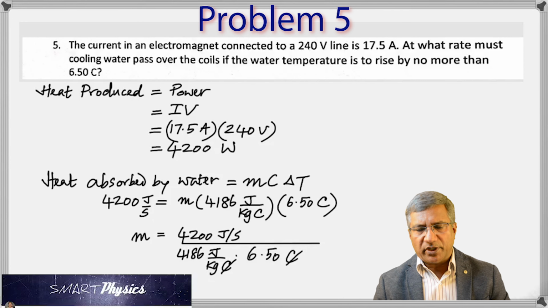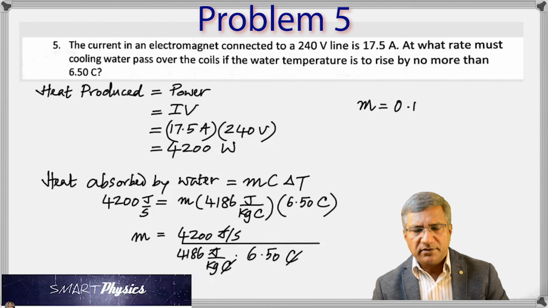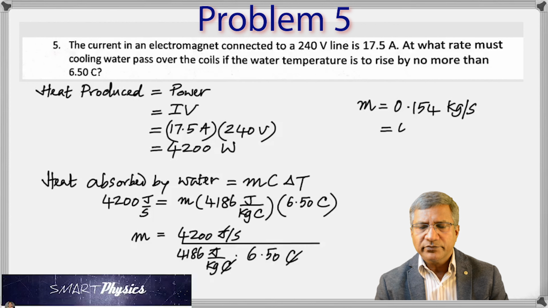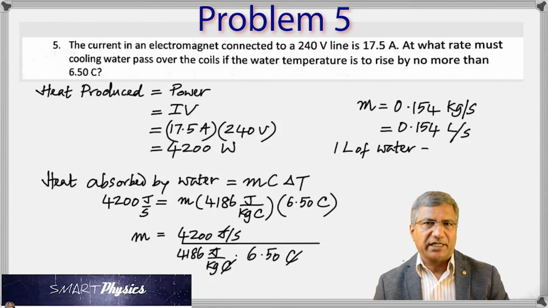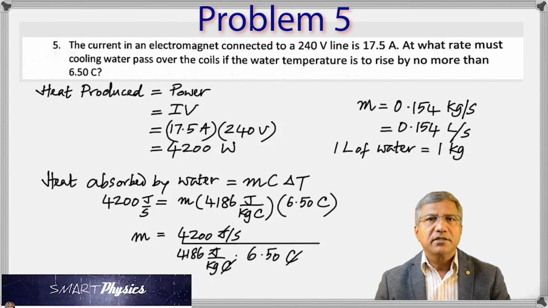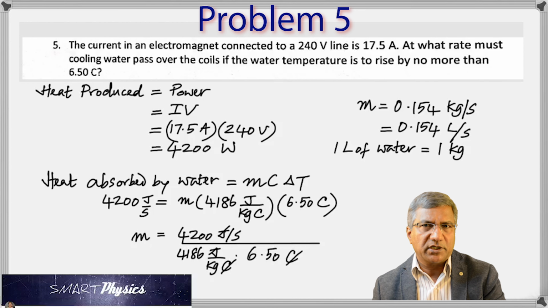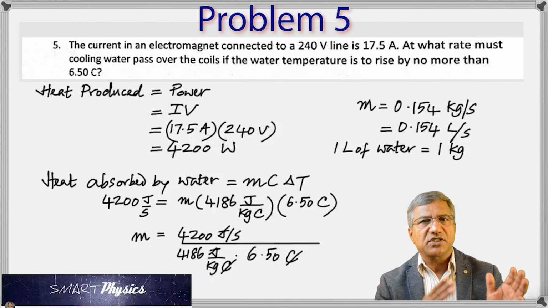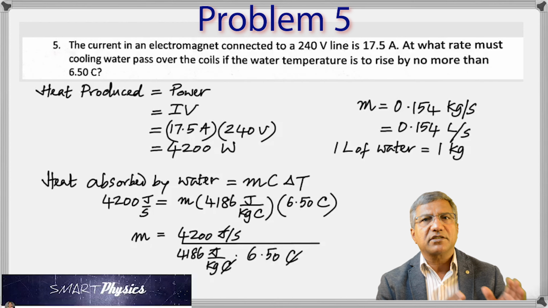When we rearrange, you can see the units working out. The unit is kilogram per second. As you can see, the kilogram flips to the top. So you get 0.154 kilogram per second, which is 0.154 liter per second, because 1 kilogram of water is the mass of 1 liter of water. Okay? So 1 liter of water always has a mass of 1 kilogram. Therefore, we should have a rate of flow of 0.154 liters flowing through every second so that the heat is continuously being removed.